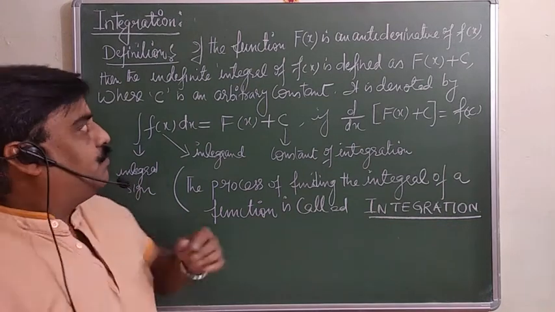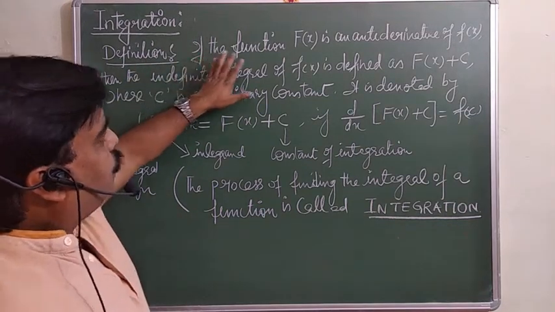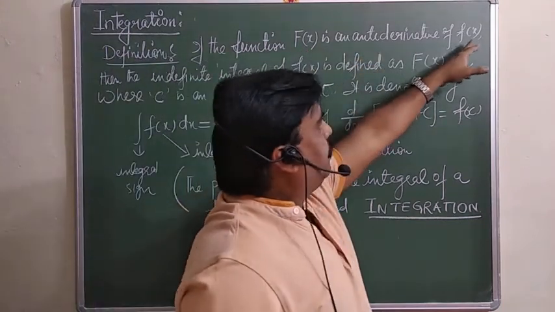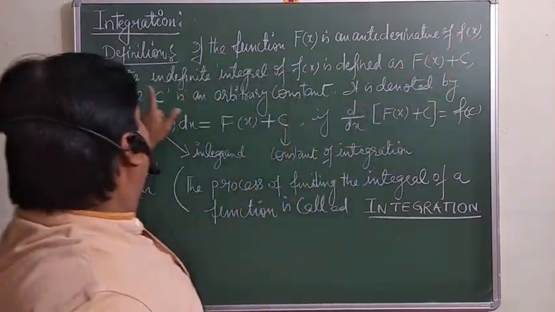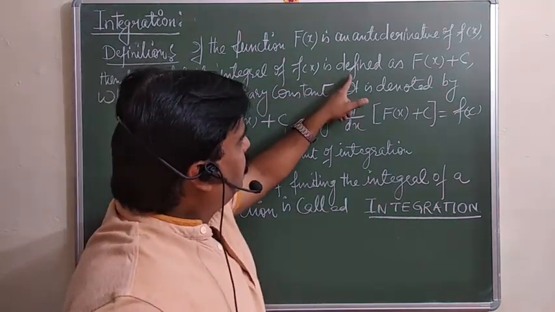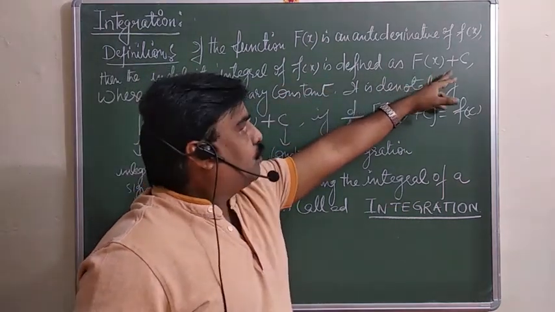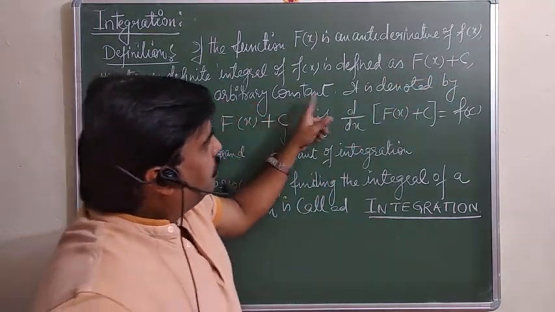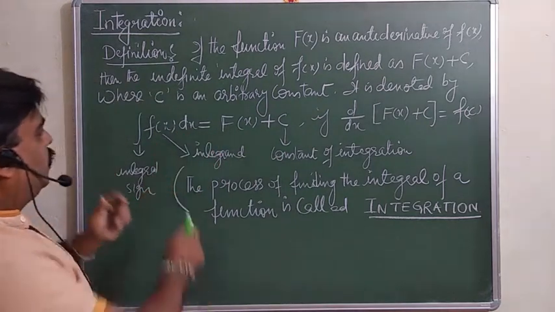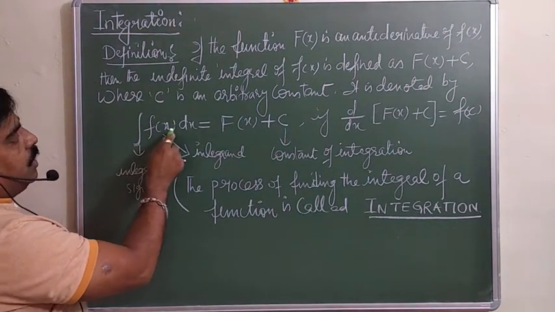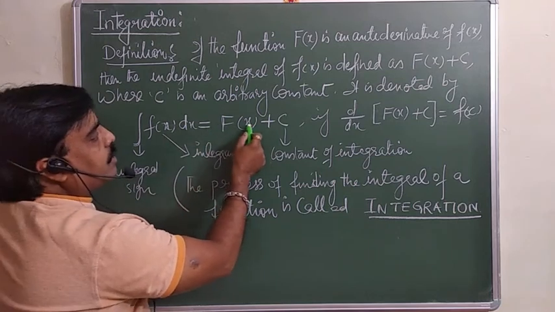Now the definition is, if capital F(x) is an antiderivative of f(x), then the indefinite integral of f(x) is defined as capital F(x) plus c, where c is an arbitrary constant, and it is denoted by this sign of integral: integral of f(x) dx is equal to capital F(x) plus c.